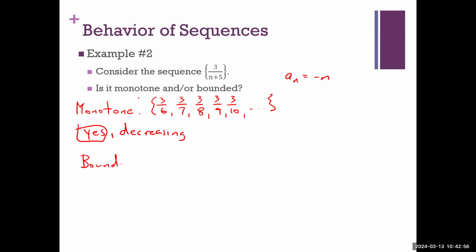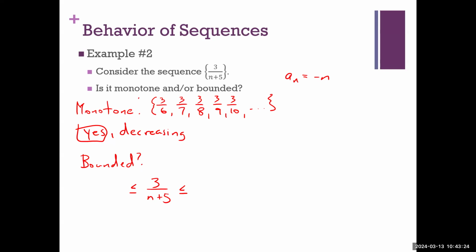How about bounding? Do we think this thing is bounded? You say no. That's 0, right? It's just bounded. So what does it mean to be bounded? Let's talk about that first. So we said it's decreasing, right?